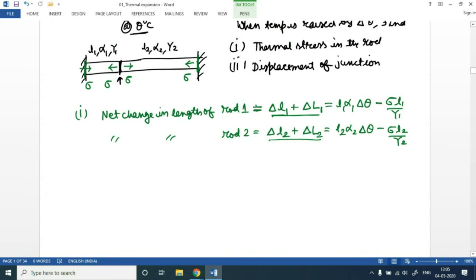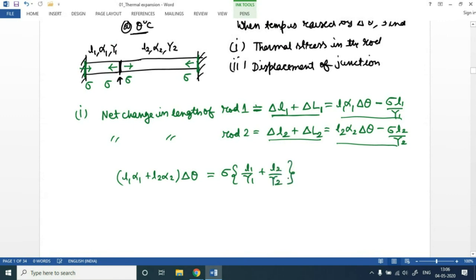So when we add this and this quantity and equate it to 0, what we get is L1 alpha 1 plus L2 alpha 2, and delta theta we can take common, and the other term goes to the other side, so that would be sigma into L1 by Y1 plus L2 by Y2.